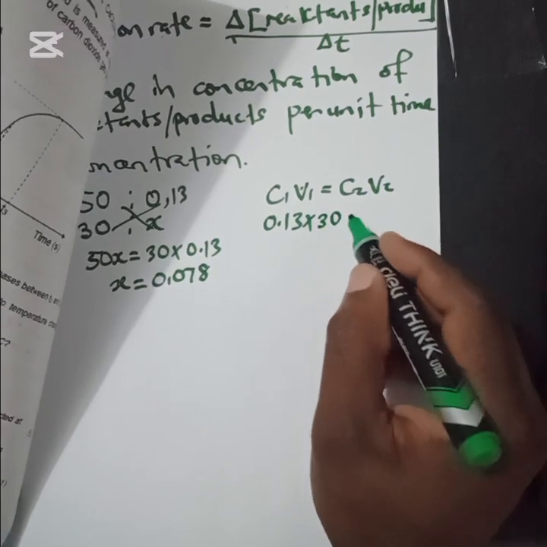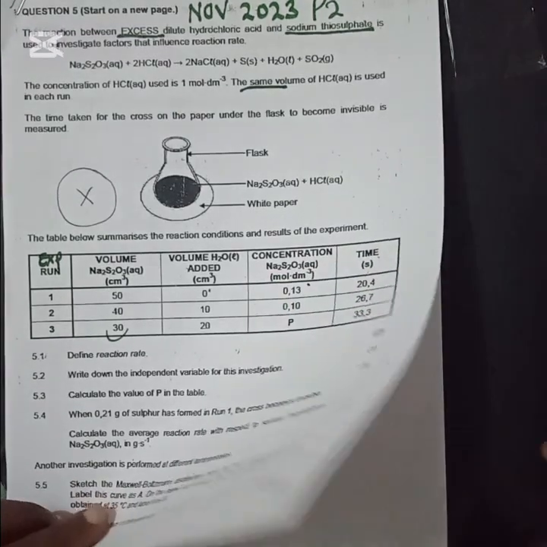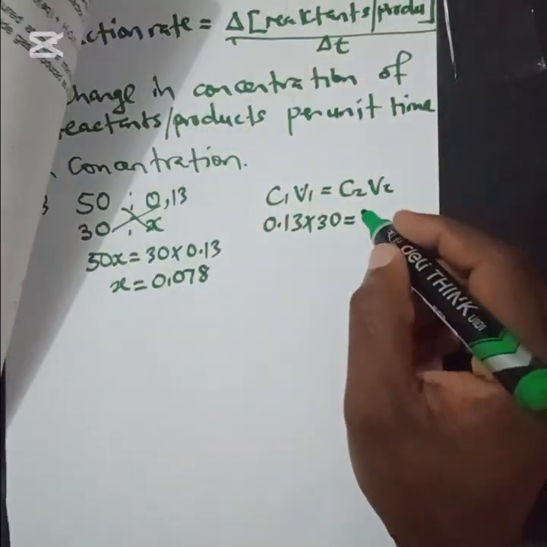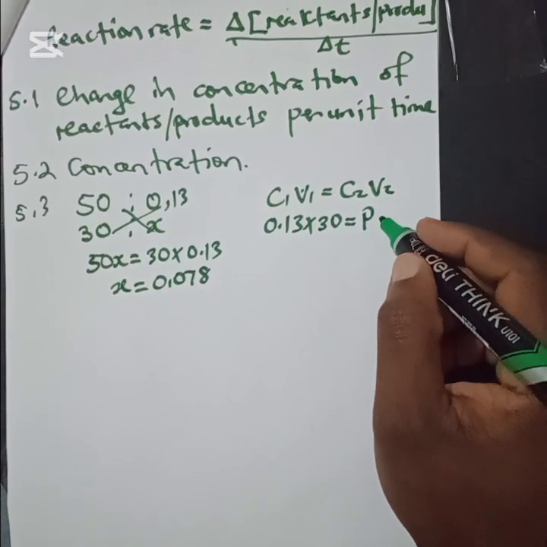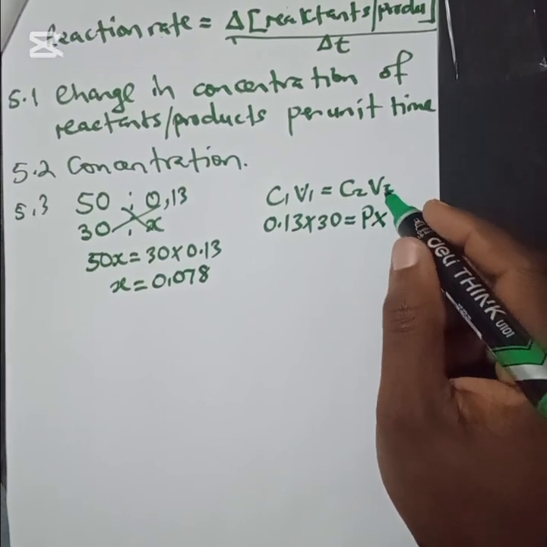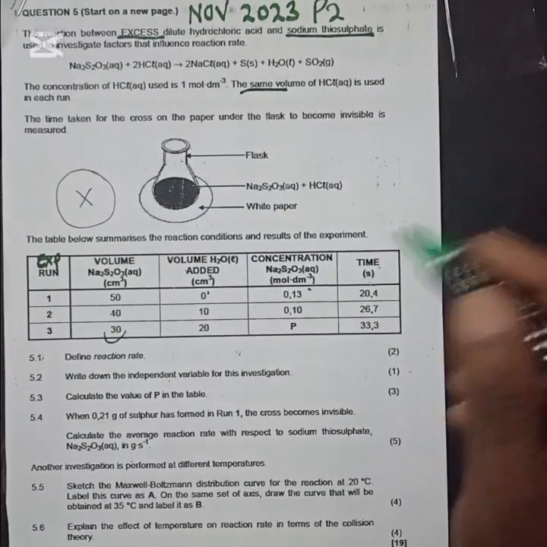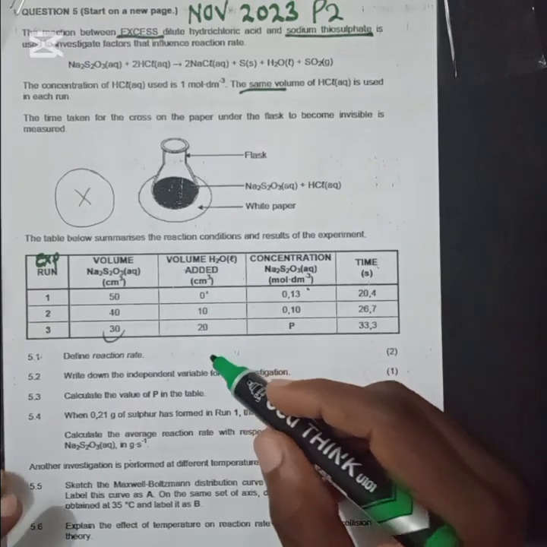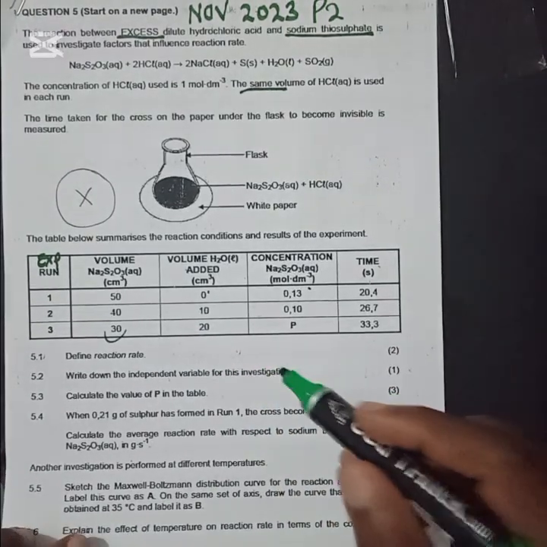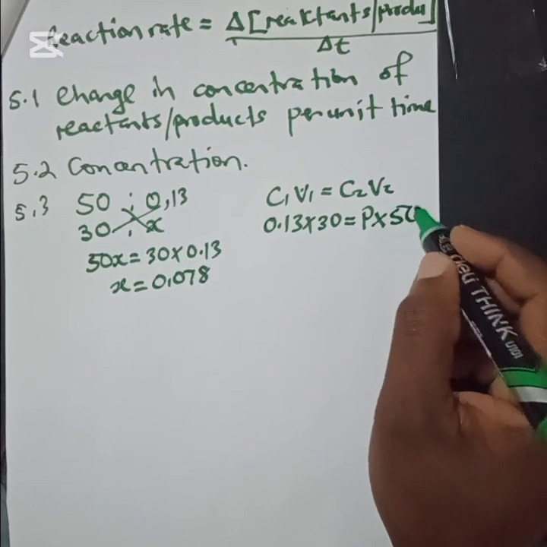C2 is the new concentration after dilution, which is P, the one we've been requested to calculate, multiplied by the new volume after dilution. After diluting the 30 cubic centimeters with 20, the total volume will be 50. So it's P multiplied by 50.